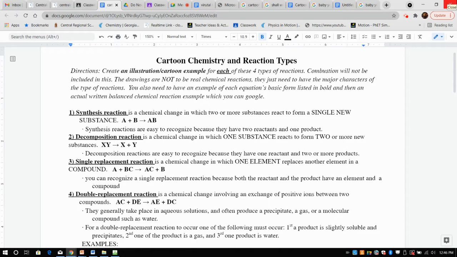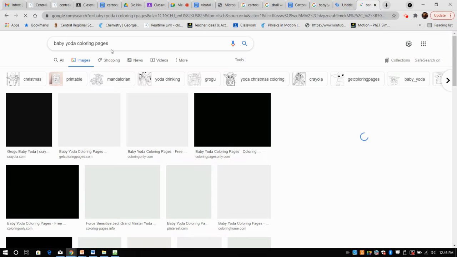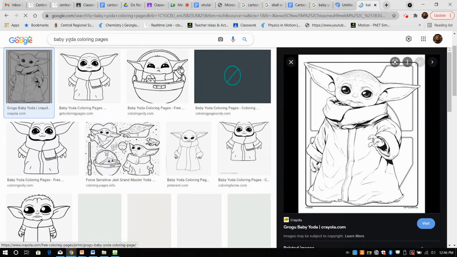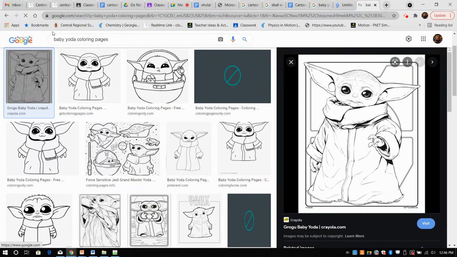And then another option I discussed with my classes, and we kind of settled on, was that you could, for example, look up whatever is in your wheelhouse, and then type in coloring pages. So something cartoon and then coloring pages.